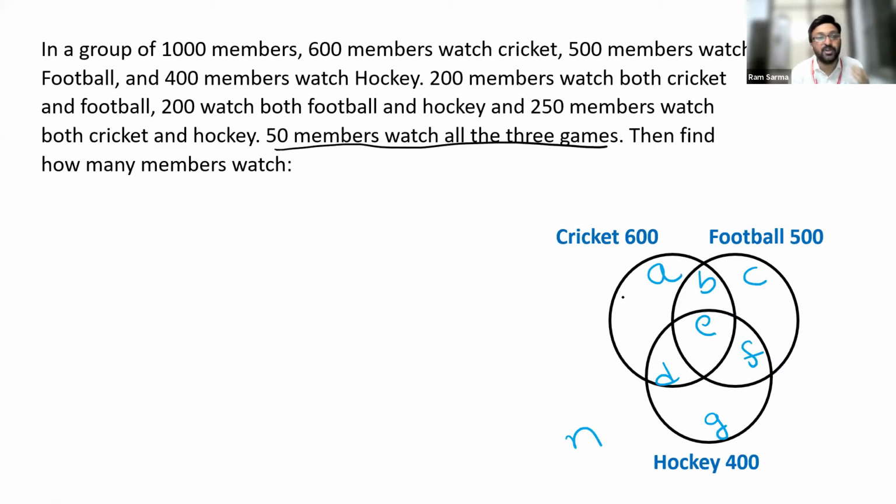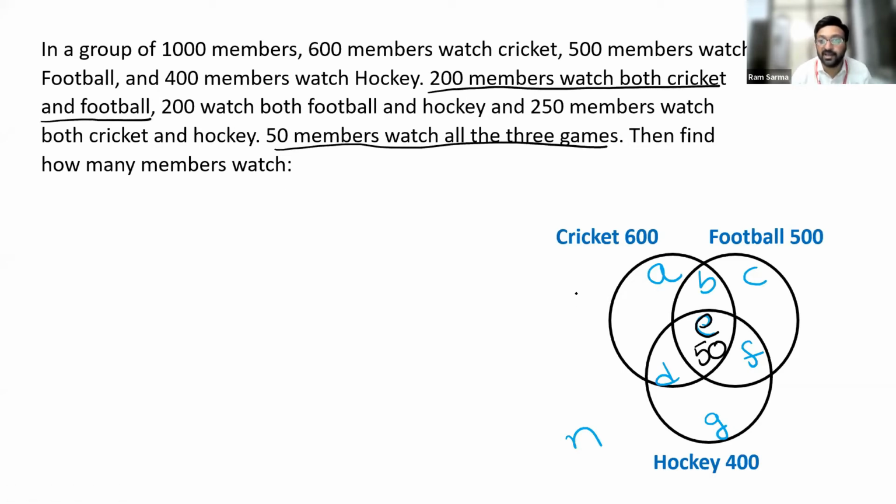So which alphabet should I pick now? So it should be E. So E should be 50. Good.